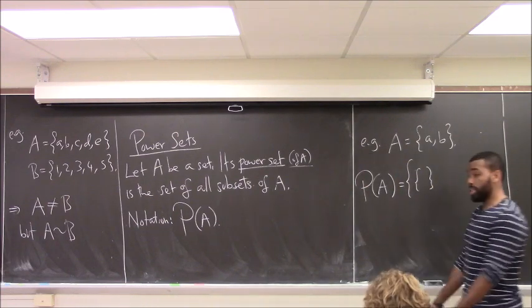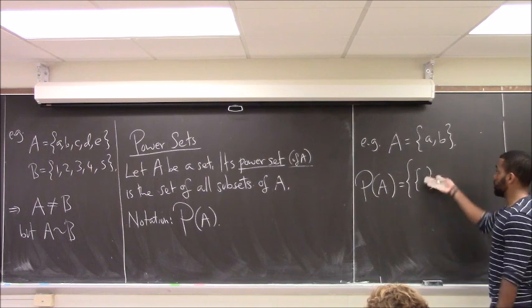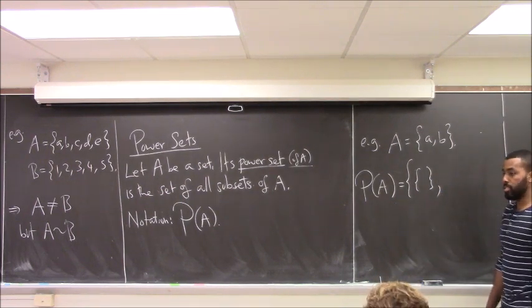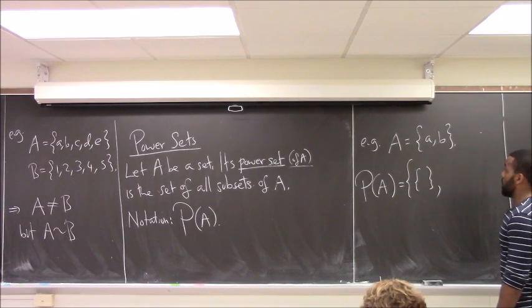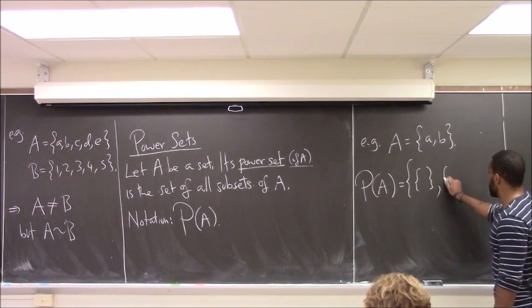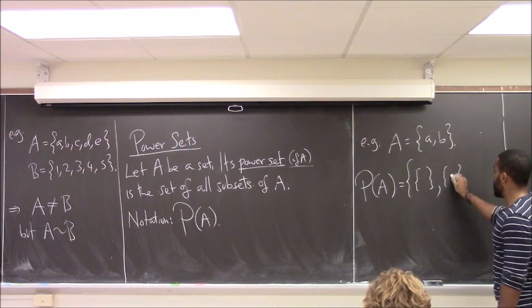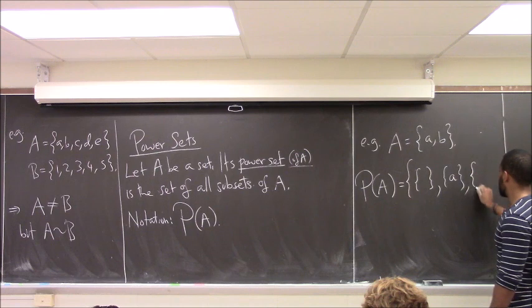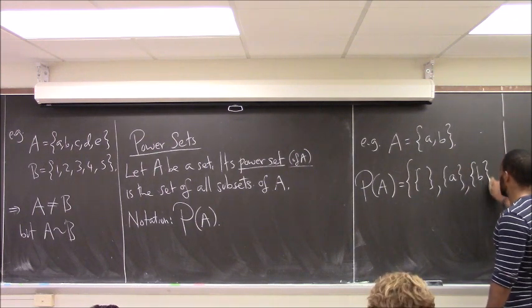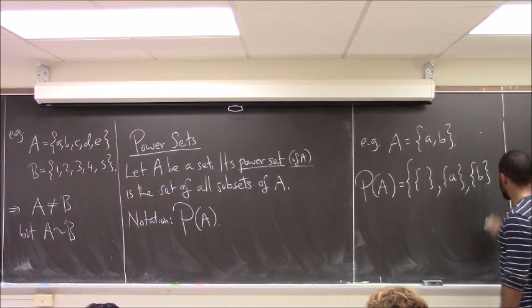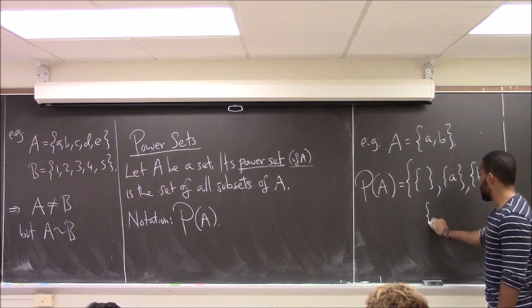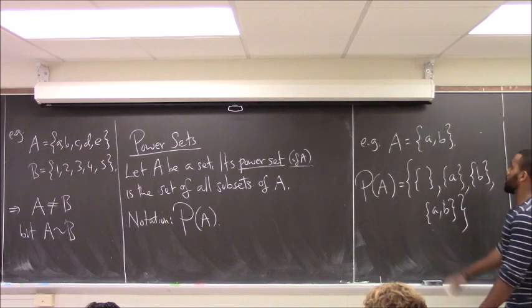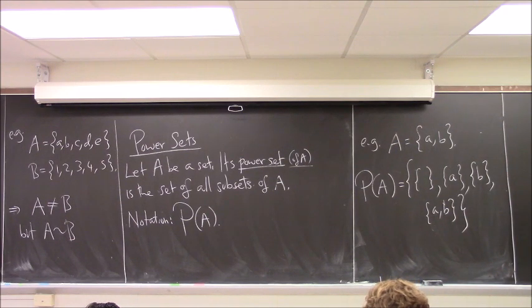One possibility is for you to choose nothing. That is a subset. The empty set is in fact a subset of every set. Another possibility is for me to open a set and collect the element a in it, but not the element b. Another possibility is to collect the element b, but not a. Another possibility is for me to collect both elements in a set. And that is called the power set.